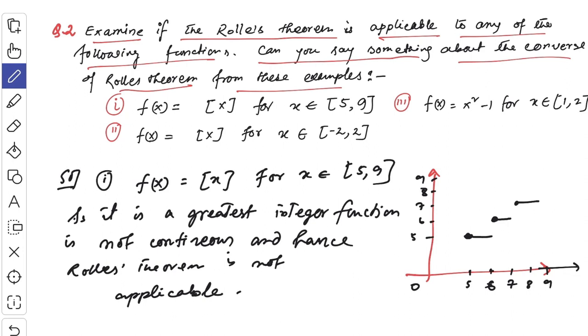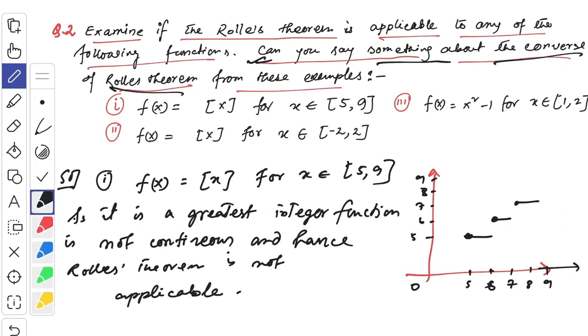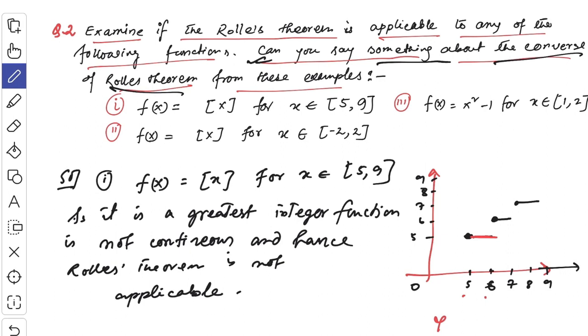And we also need to check, can you say something about the converse of Rolle's theorem? Now you see, in this graph, between 5 and 6, the graph is parallel to the x-axis. Parallel to the x-axis means y is constant. That means f of x must be a constant.